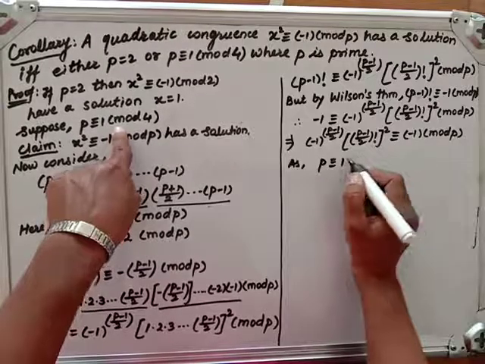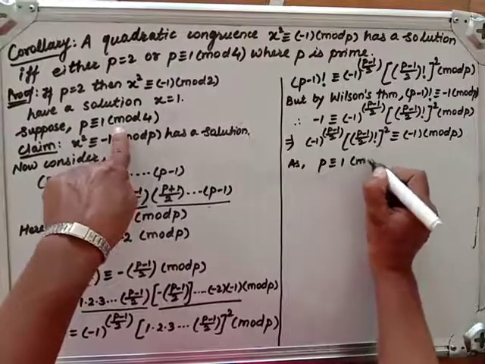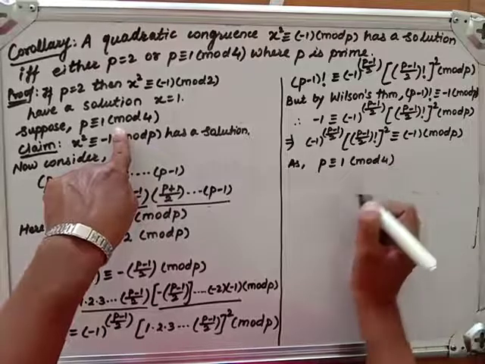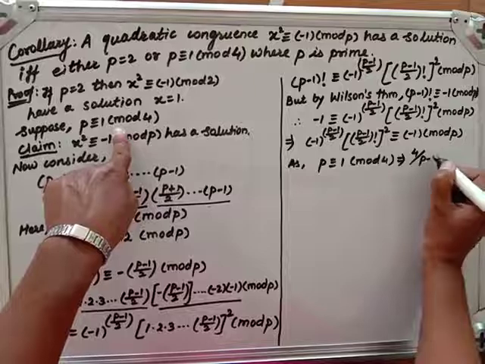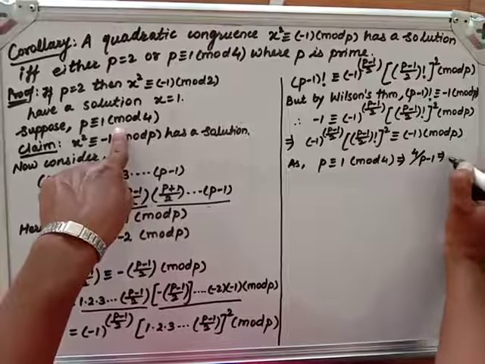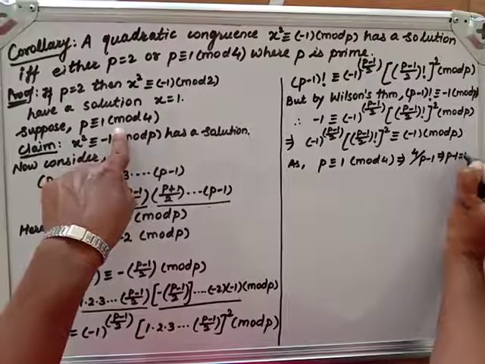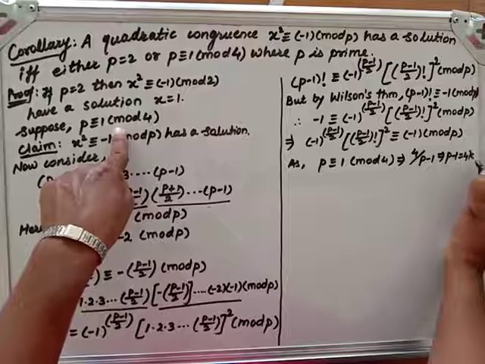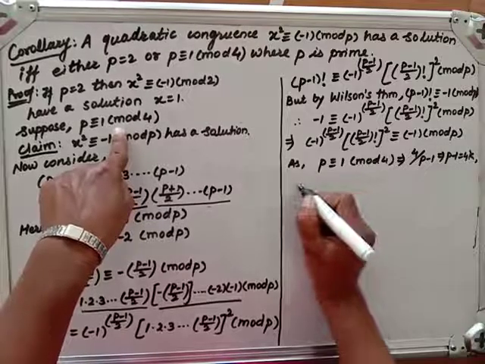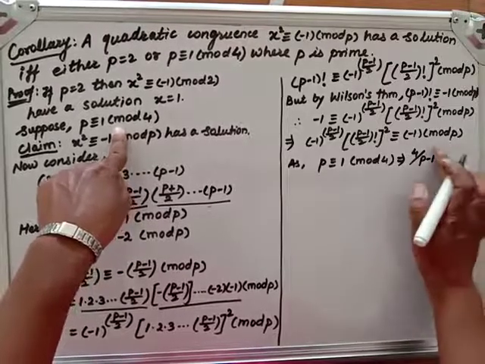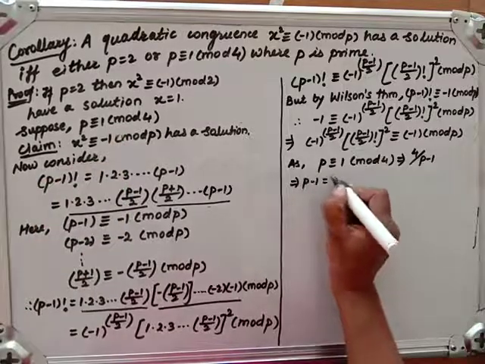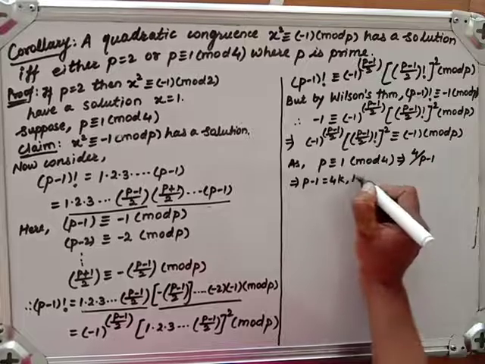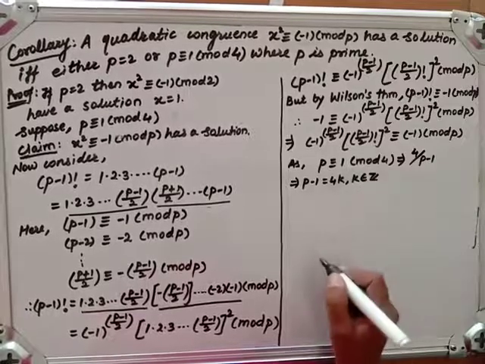Now, as this one we have assumed, we haven't used it yet, so p is congruent to 1 modulo 4. So what does this give? 4 divides p minus 1. That is, p minus 1 is equal to 4k for some k in the set of integers.